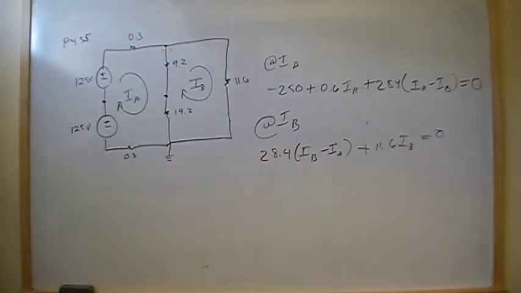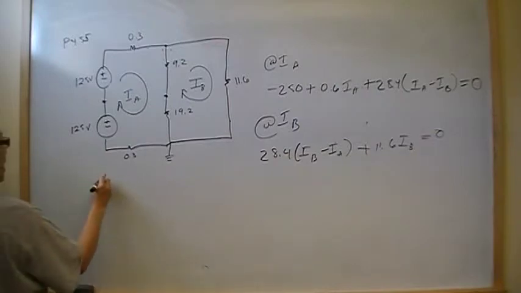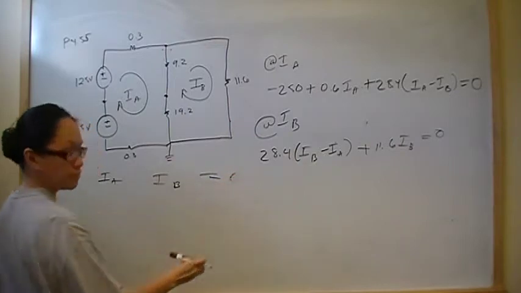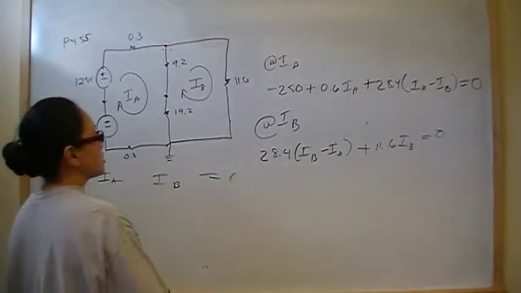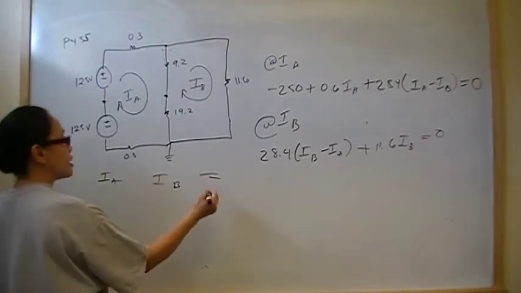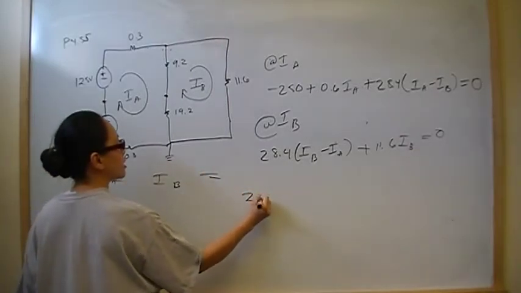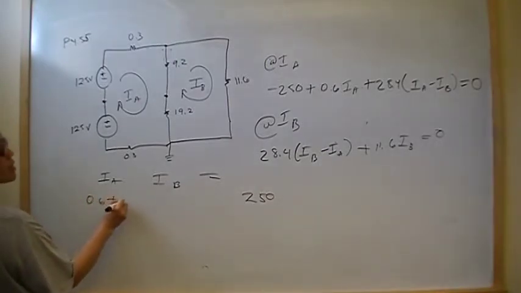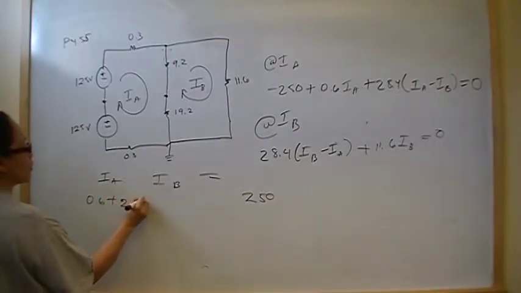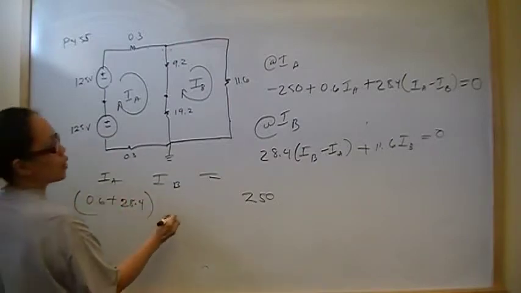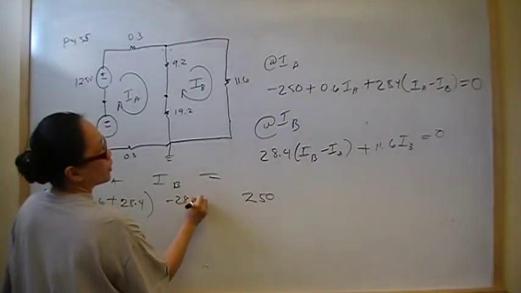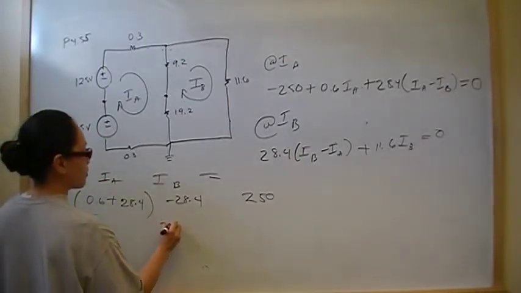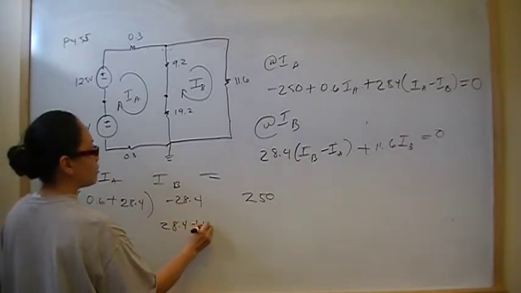Alright, so we have a very simple matrix. We got IA, IB, and constants. Equation 1, the first term is negative 250. It's going to come on the other side as positive 250. For IA, we have 0.6 plus 28.4. And then for IB, we have negative 28.4. Second equation, we have 28.4 for IB plus 11.6.